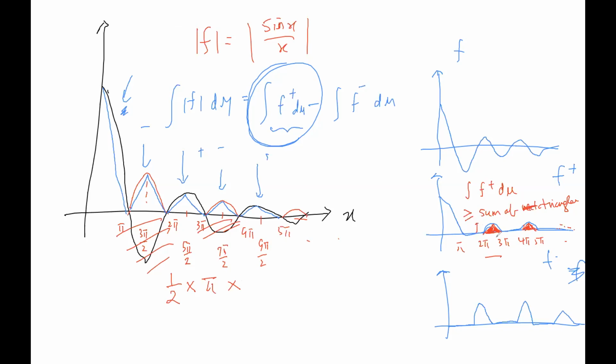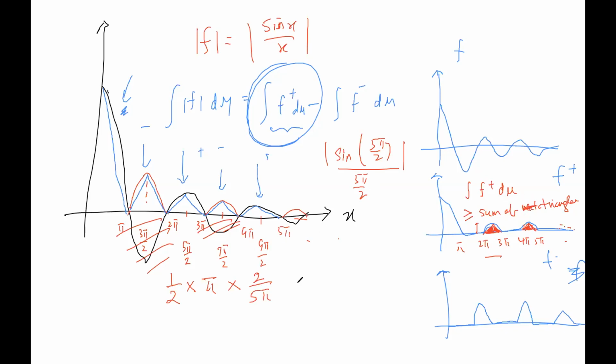Okay, so the height is given by a sine of, in this case over here, sine of 5 pi over 2 divided by 5 pi over 2, right? So that is going to give you, for the first one, 2/5 pi. Okay.